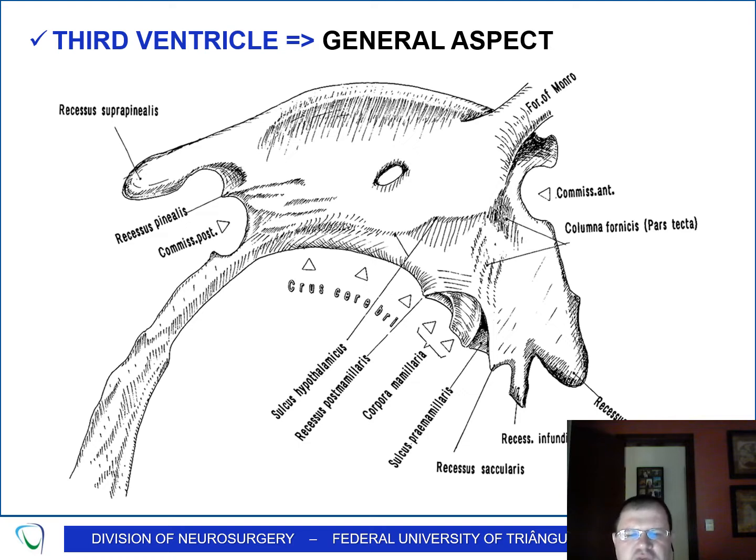We can see here this very important scheme, the main parts: the infundibular recess, very important to know; the mammillary bodies here, very important; and the posterior commissure here, the main structure for entering the cerebral aqueduct.